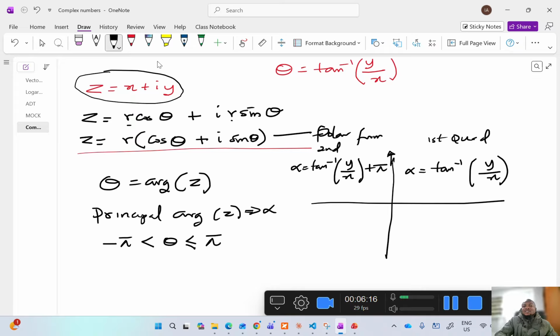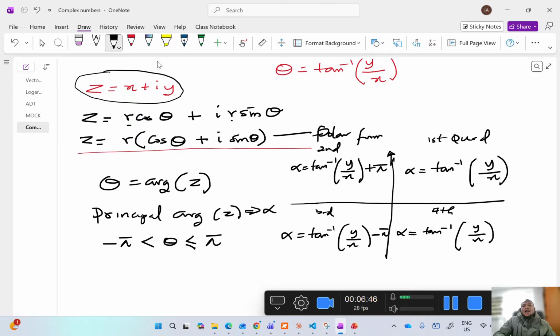In the third quadrant, alpha, the principal argument of z, is equal to arctan of y over x minus pi. And in the fourth quadrant, the principal argument of z is equal to arctan of y over x.